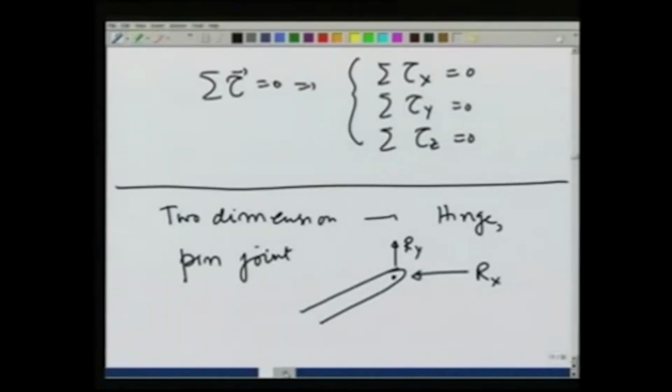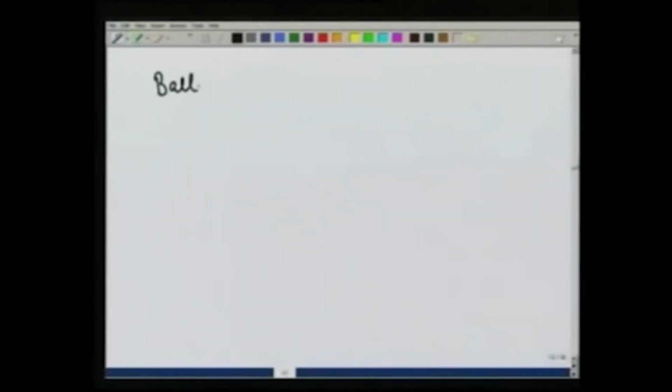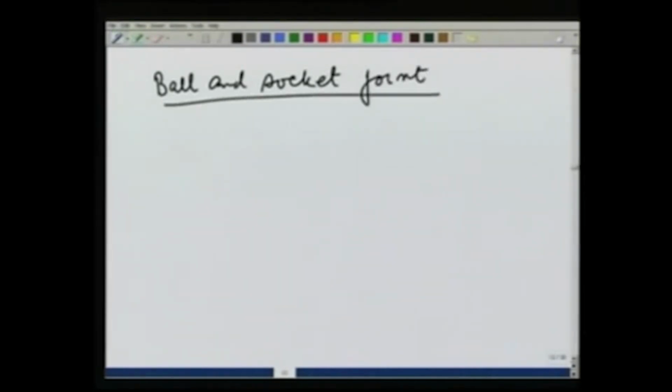In 3 dimensions, a similar joint is called a ball and socket joint, which is nothing but a socket in which a ball fits and it can rotate in any direction.